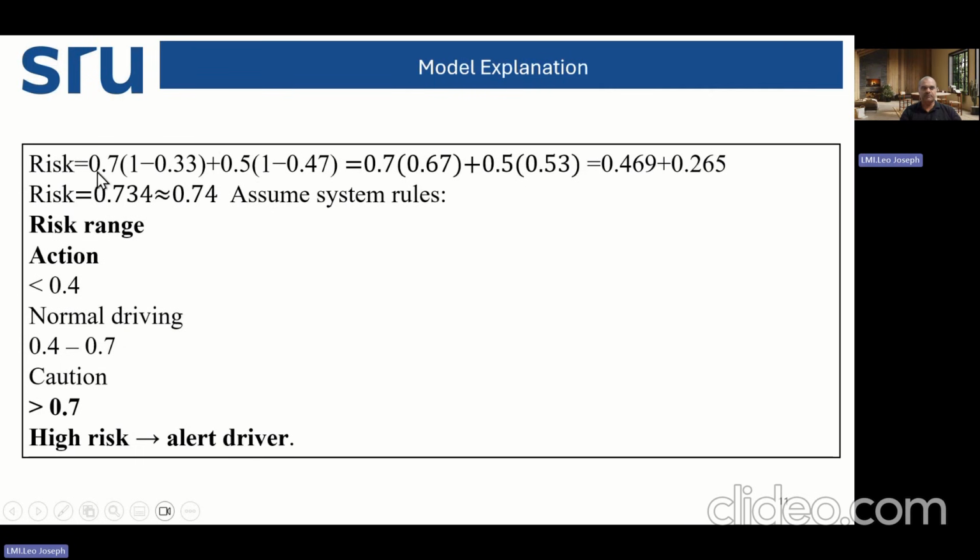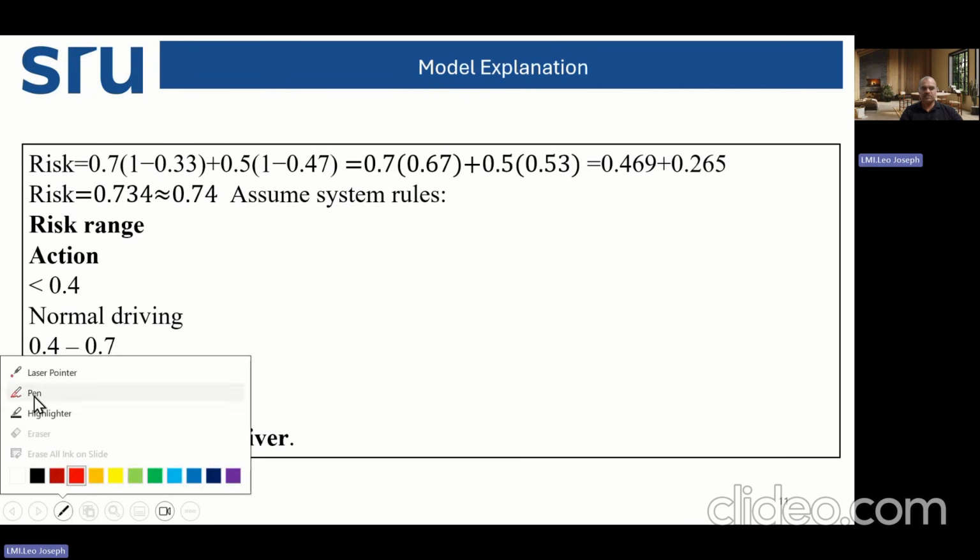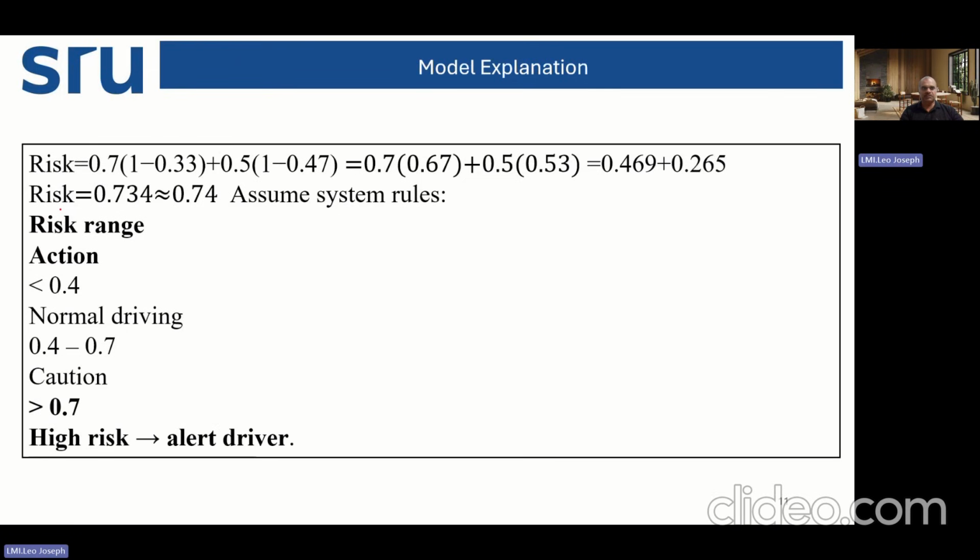If you want, for better understanding, you can replace this 0.7 by 2.5, and this 0.5 as 1.8. This is possible based on the previous data. There is no issue in that. Okay, 1.8.